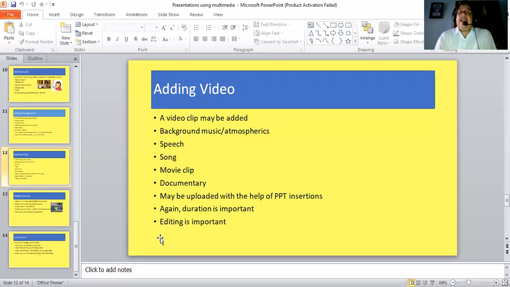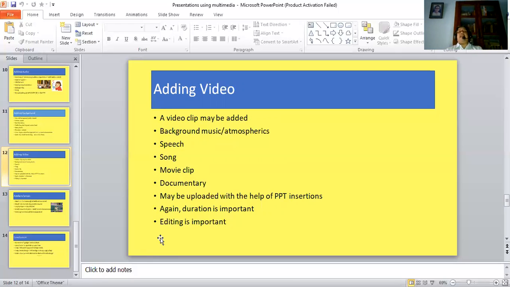So adding a movie clip or a video clip or any other type of audiovisual clip to the presentation is a tremendous achievement. It should not be minimized. It tremendously enhances the meaningfulness and the contextual relevance of your presentation.